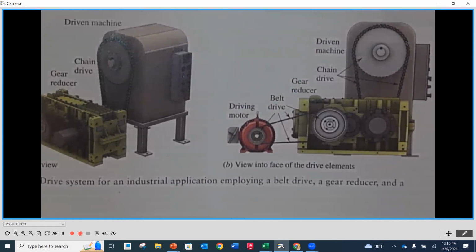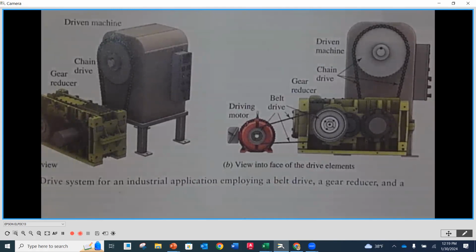Any other thing that's going on here related to the rotations on the input to the output? Where is it faster? On the motor side, yes. So belts are normally going to be on those faster linear speeds than chains, okay? Why do you think that is?